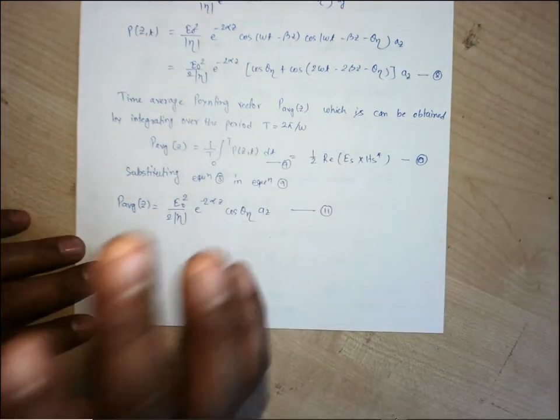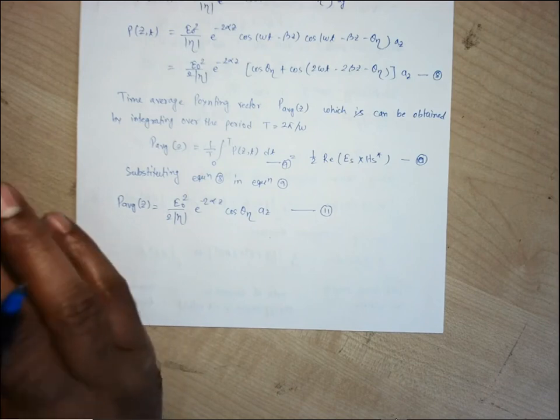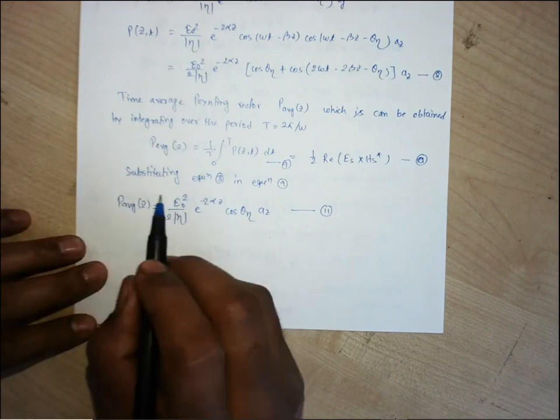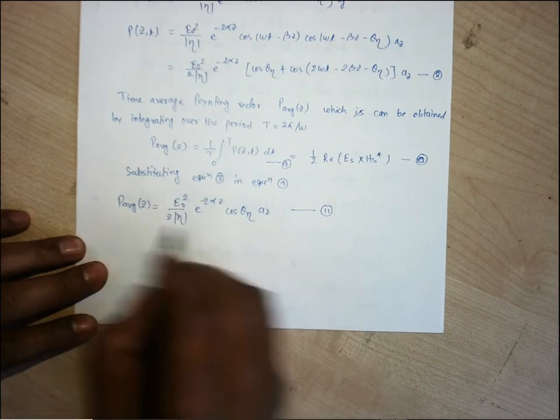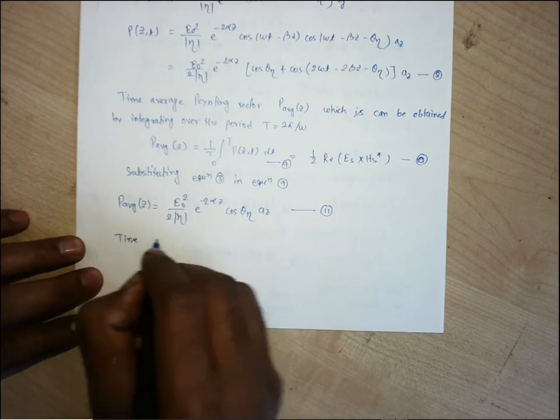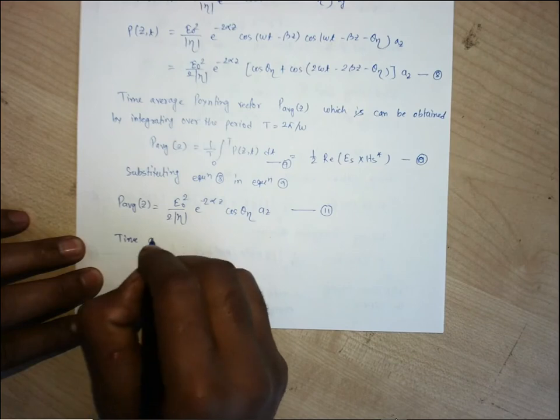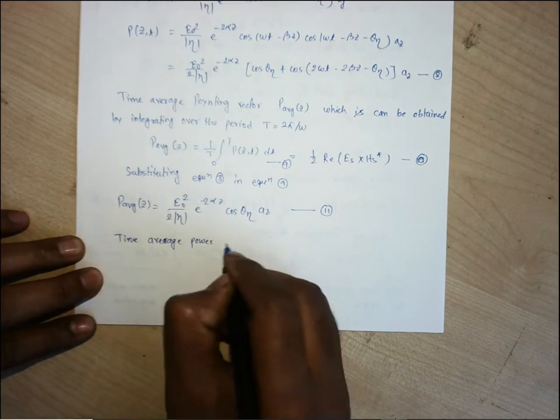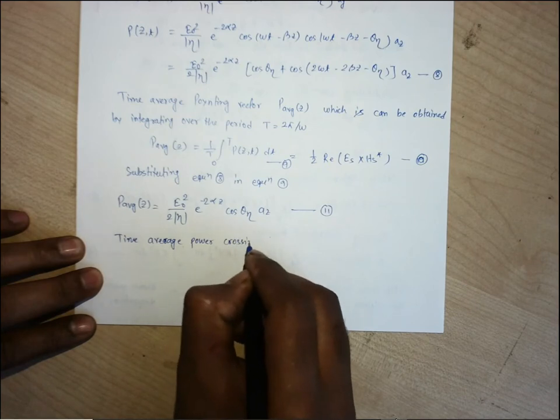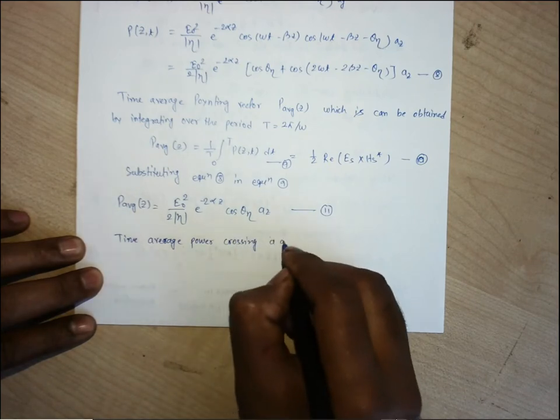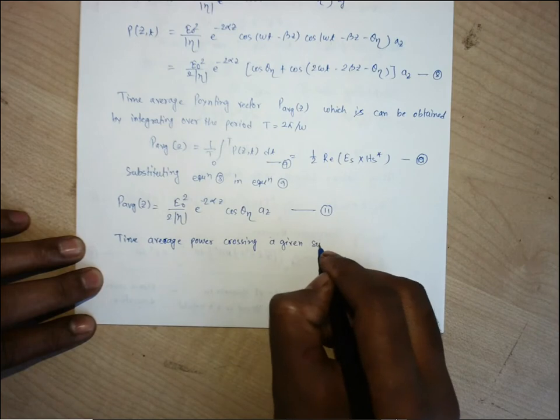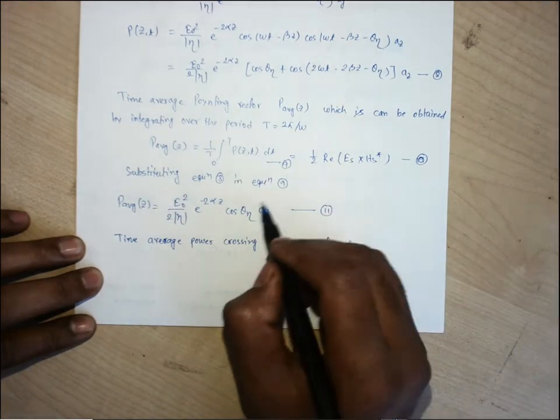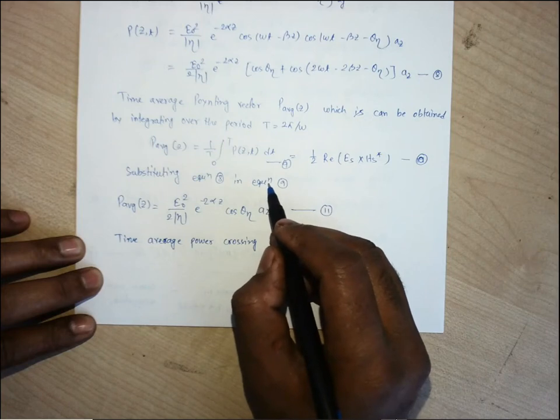If we have the source inside a given surface having a certain surface area, then we can find the time average power crossing that surface. Now we have been finding the time average power crossing a given surface S, in average watt per meter square.